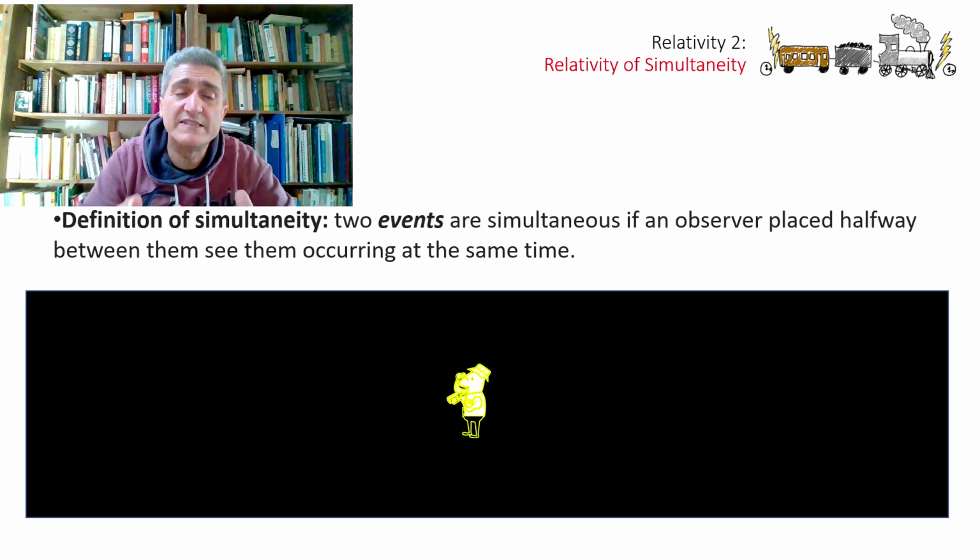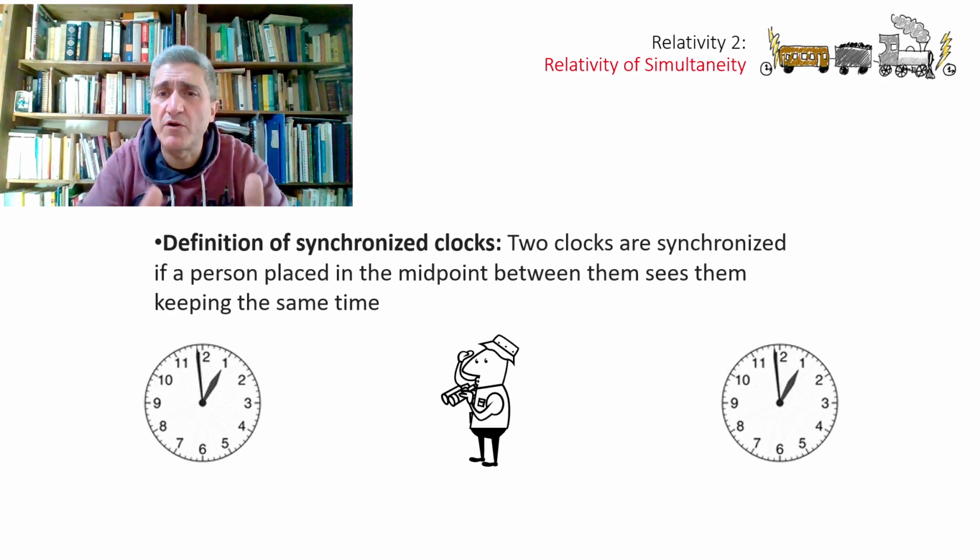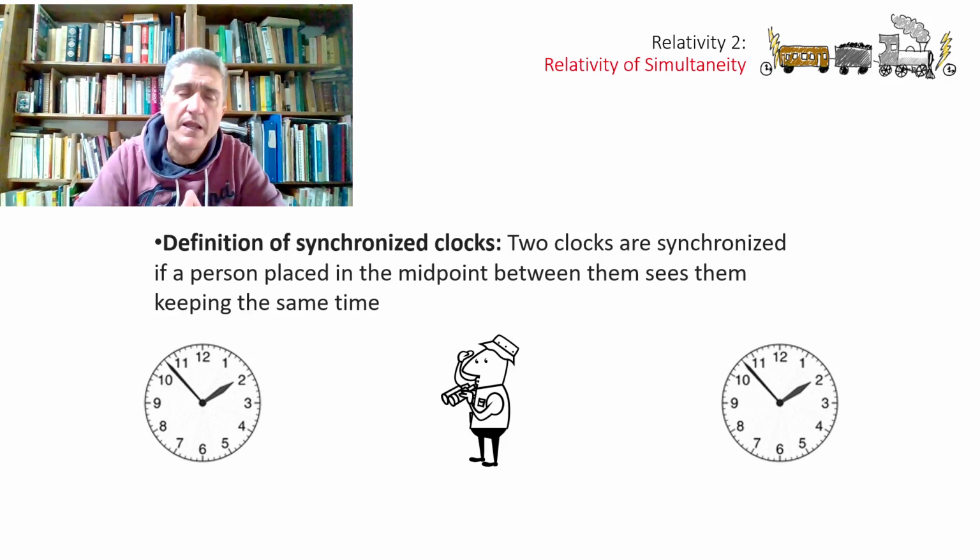By the way, this definition works in quite the same way as the definition of synchronization of two different clocks. Two clocks are synchronized if a person placed at the midpoint between them sees them keeping the same time.